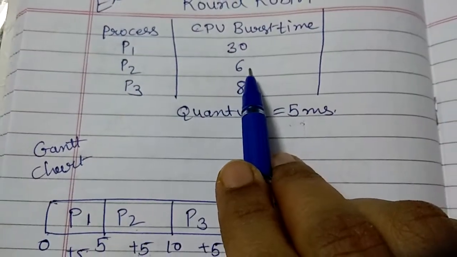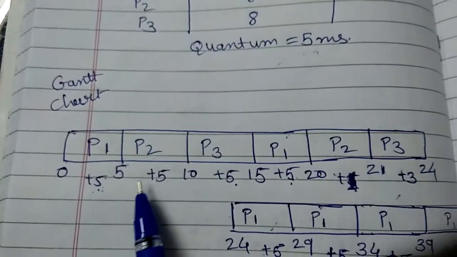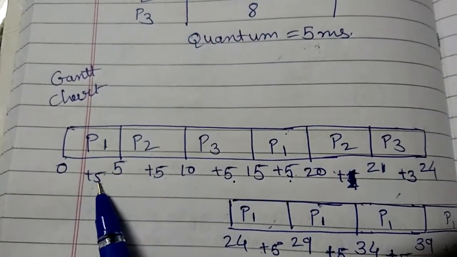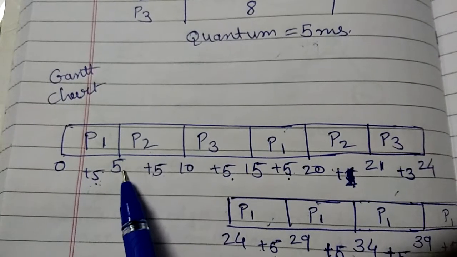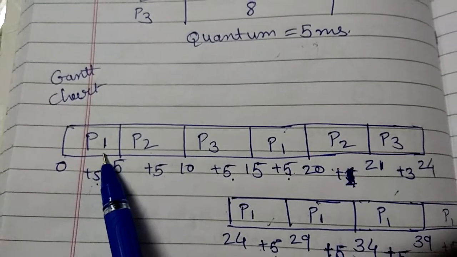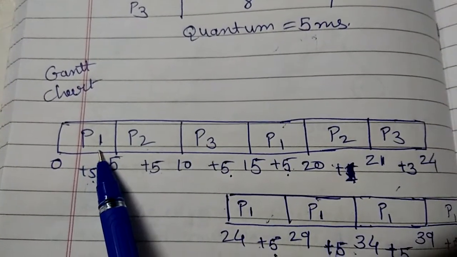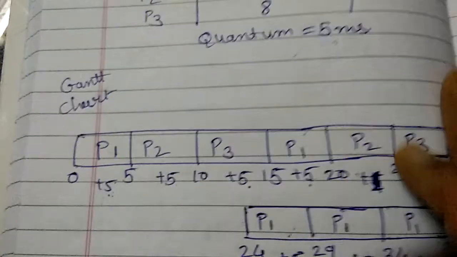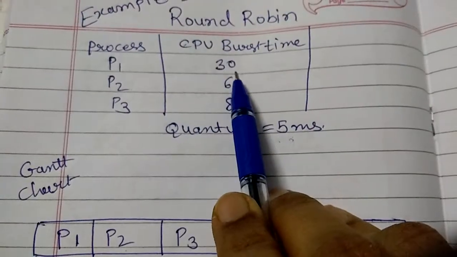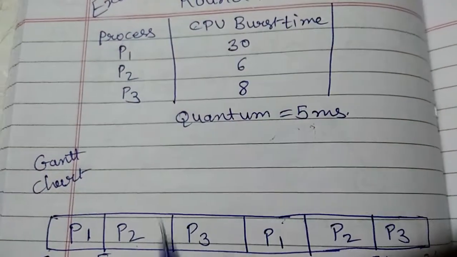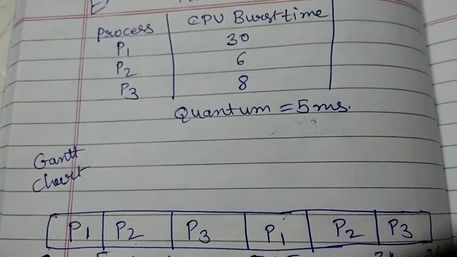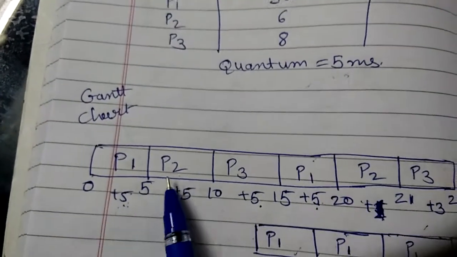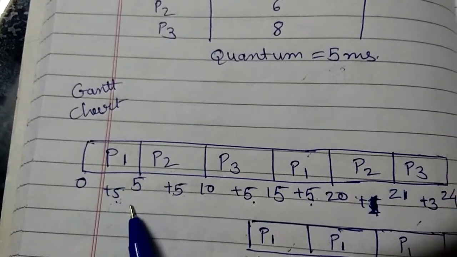What is the burst time of P2? It is 6 milliseconds. So at the 5th second P2 has started, and P1 couldn't complete its full execution. Out of the 30 milliseconds, P1 has utilized only 5 milliseconds, so 25 milliseconds are still pending with P1.